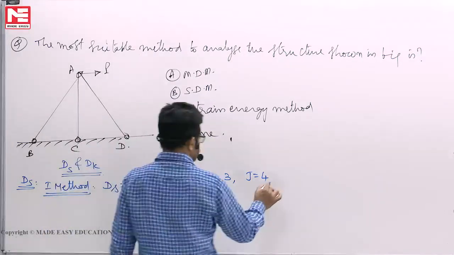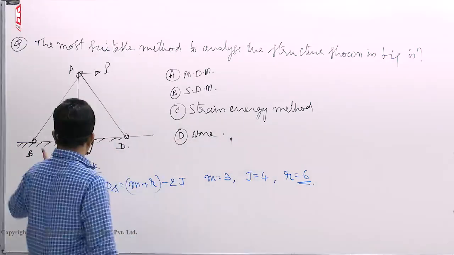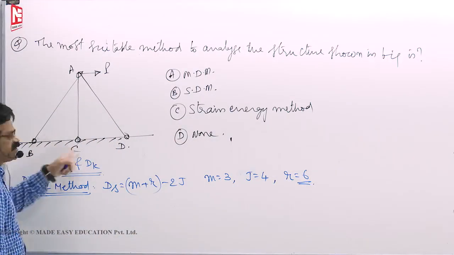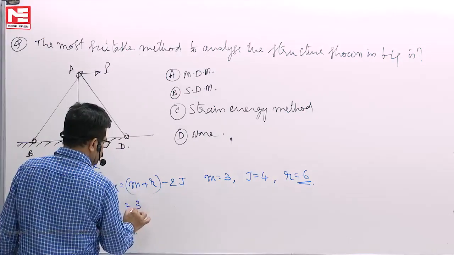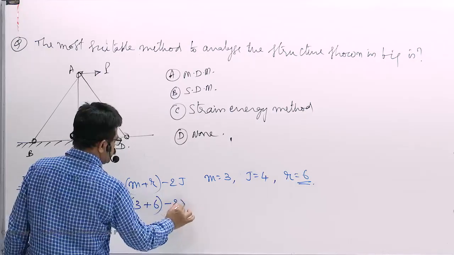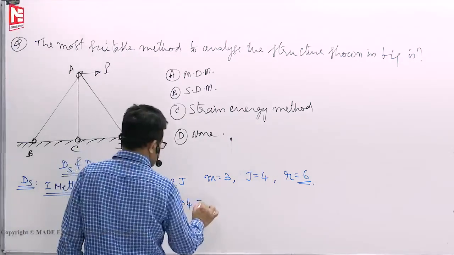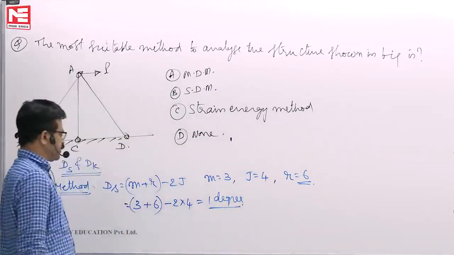Unknown reactions are 6, because we are counting HB, VB, HC, VC like that. So members are 3, reactions are 6, 9 minus 2 into j, which is 4. So, 9 minus 8, 1 degree. So, ds is 1 degree.